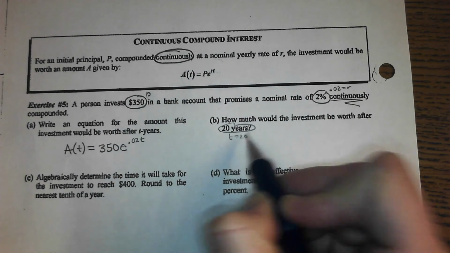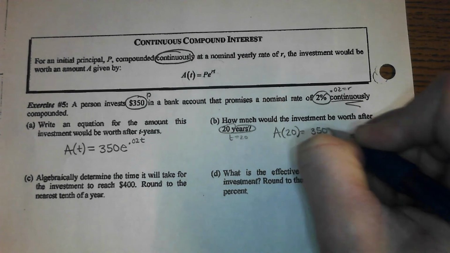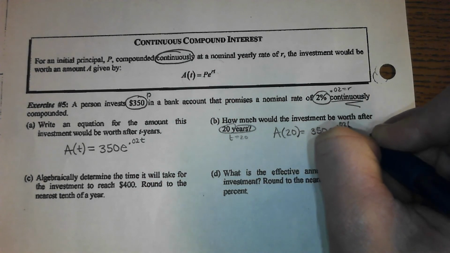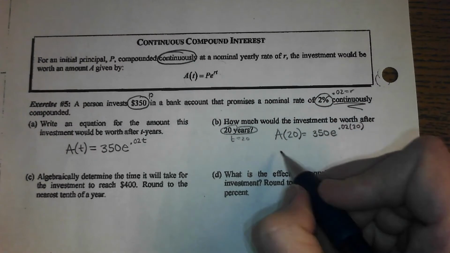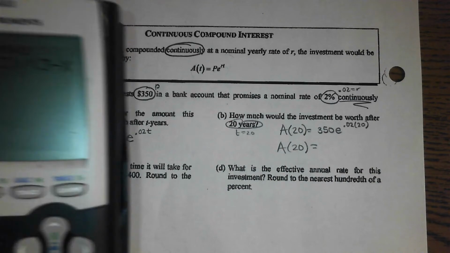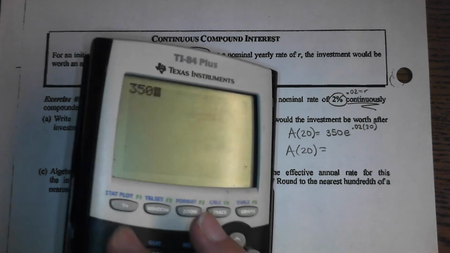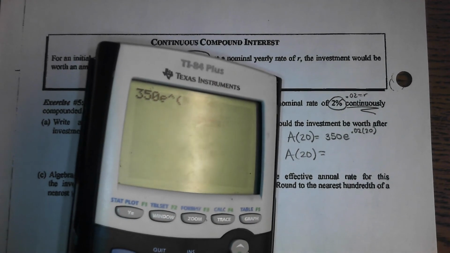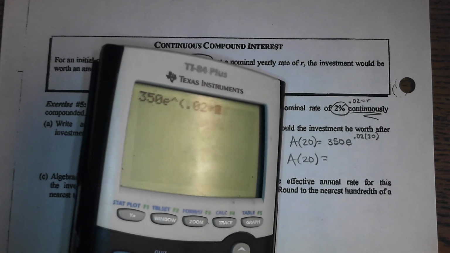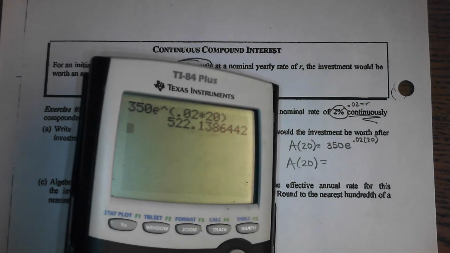You're just plugging that in. So A of 20 is 350 e to the 0.02 times 20. So the amount in your account after 20 years is, and this is straight calculator work, e to the 0.02 times 20, that one, $522.14.